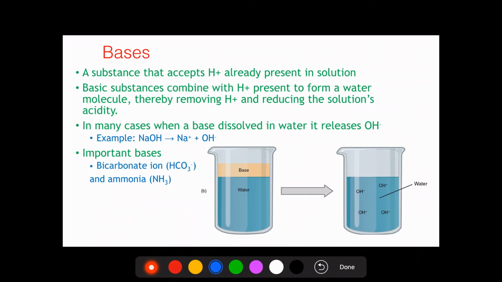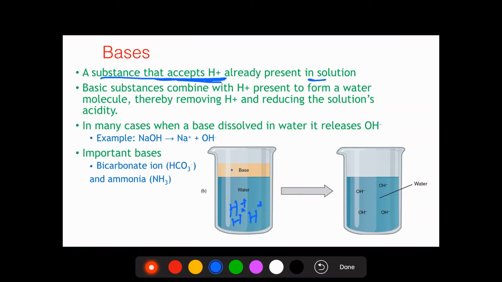Base is the opposite. It's a substance that will take hydrogen ions in the solution. So it will absorb them. Let's assume that there are hydrogen ions in this cup of water, and now I'm adding the base.